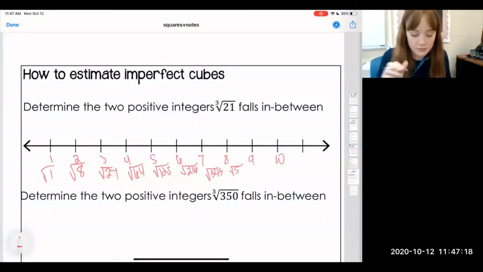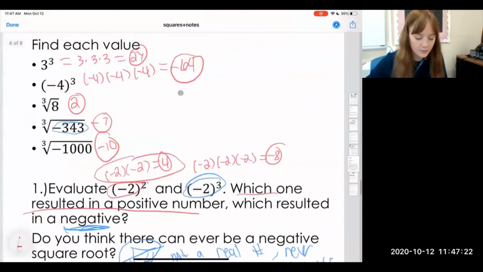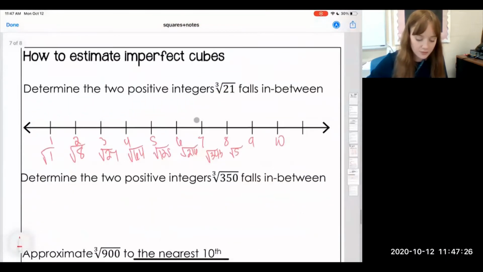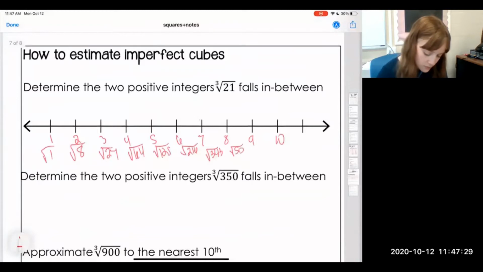We can use our chart when we forget, like I just did for a second. 8 cubed was 512. 9 cubed was 729, and 10 cubed was 1,000.